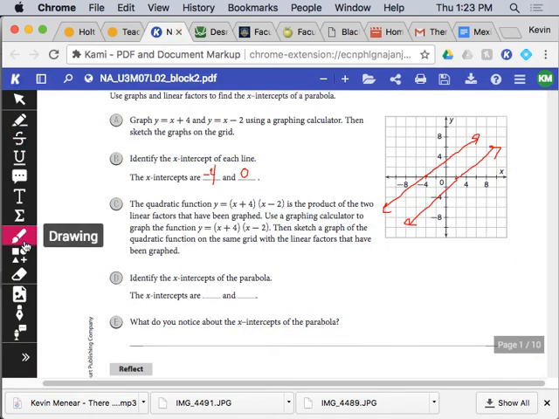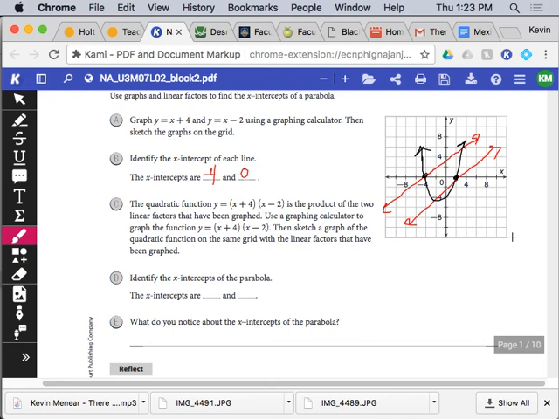And if you want, you can go ahead and plot the parabola. You don't have to take a whole lot of time. Just make sure you plot something where the parabola zeros are exactly the same as the zeros of the linear functions.